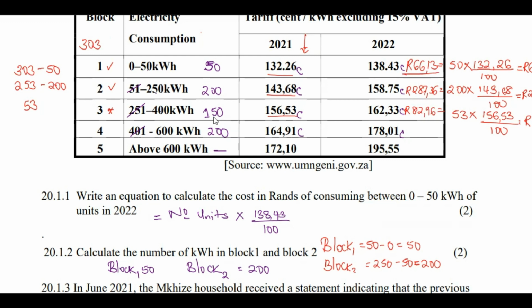So these are the prices for block 1. They will pay that. Block 2, they will pay that. And block 3. So we add up everything. 66,13 plus 287,36 plus 82,96. What do they get? So they have paid 436 rands 45. So this excludes VAT. We need to include VAT. What do we do? We multiply by 1,15, which becomes 500.